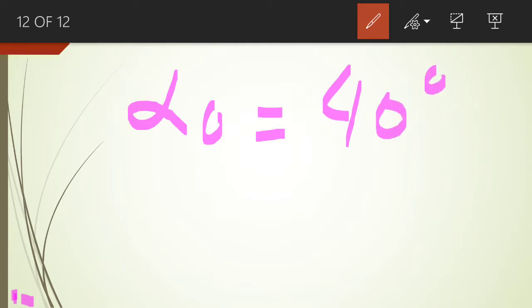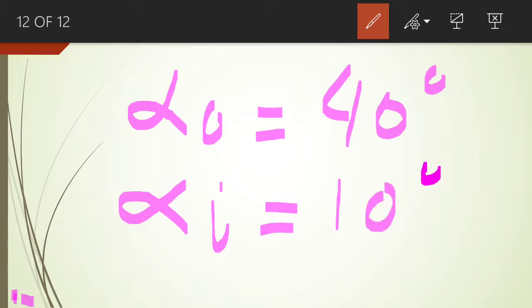We want to feed all the rays of this cone to the optical fiber. We know that the size of this cone is very large and the optical fiber cannot trap all the rays of this cone. So we will have to reduce the size of this cone with the help of a spherical lens. So we use a spherical lens to reduce the size of this cone, and the cone of the image is 10 degrees.